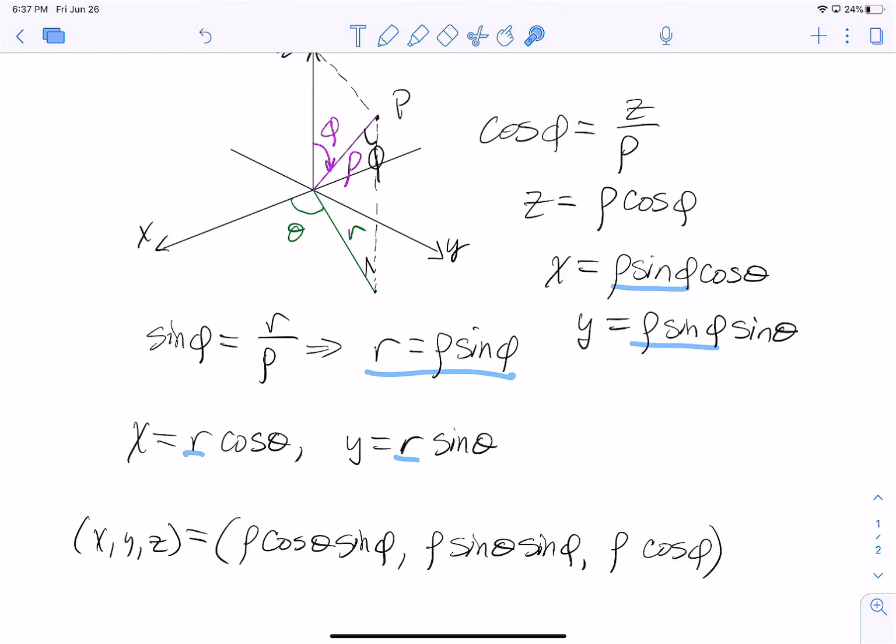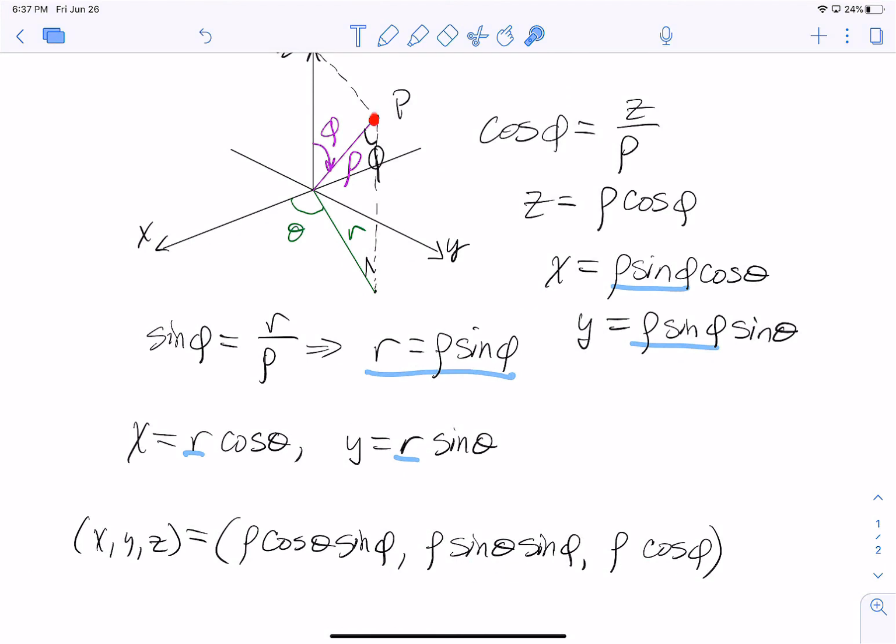And maybe a way to remember that is to remember that in this triangle that we developed, phi was the upper angle, and we're probably used to working with a lower angle in a right triangle situation. And so where I might want z to be the sine of phi, maybe I can remember, well, no, we developed it differently, so it's the cosine of phi. But I really think the way to remember this is to remember that x is cosine theta sine phi, and then try to remember how y and z are different.